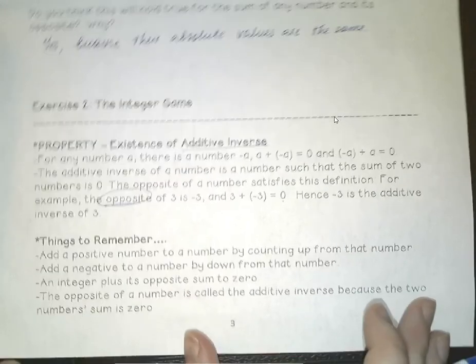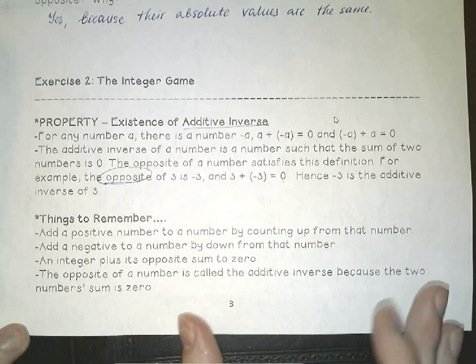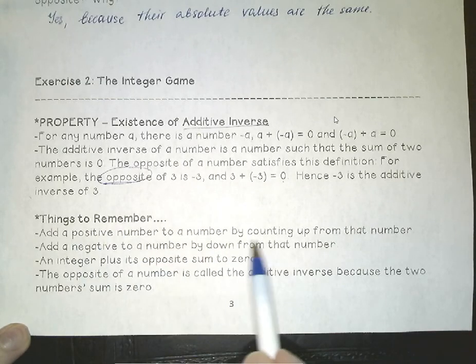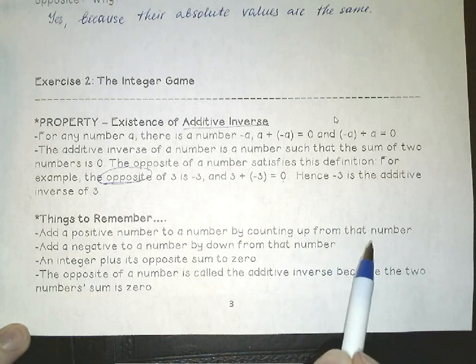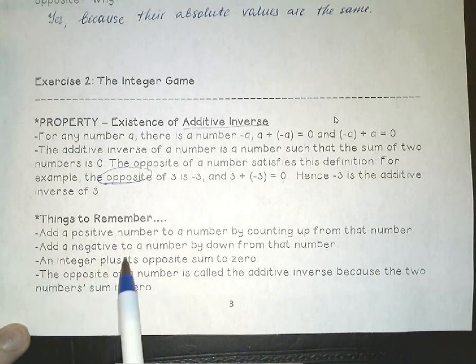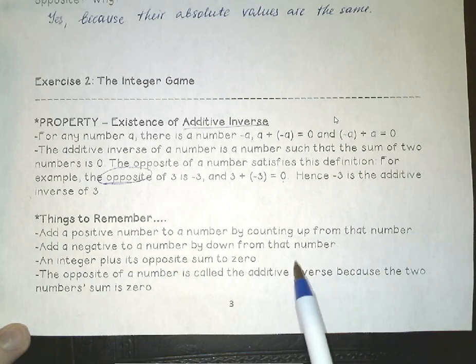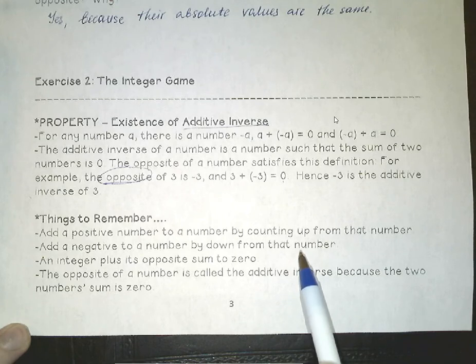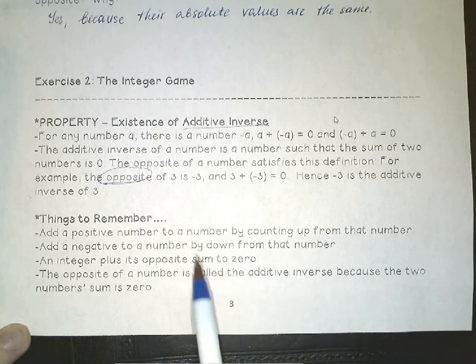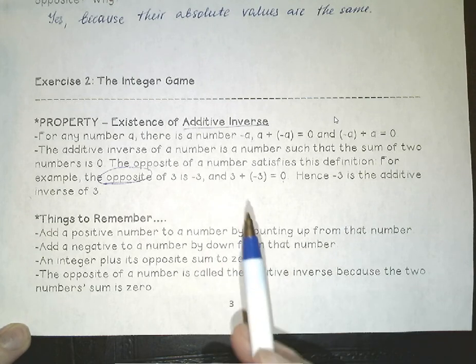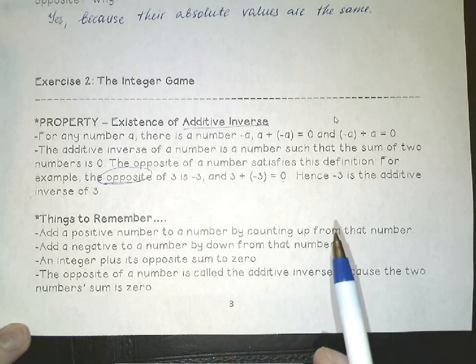What do we need to remember from this lesson? Add a positive number to a number by counting up from that number. Add a negative number to a number by counting down from that number. So if I want to add a positive number to any number, I would go to the right, or up on the number line.